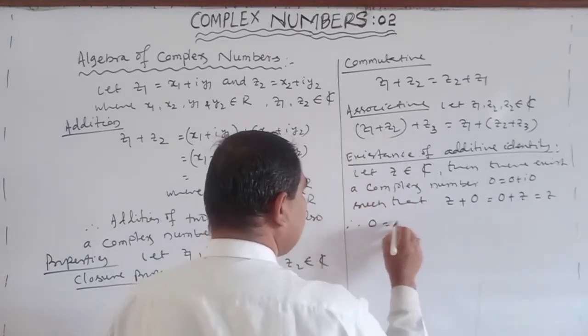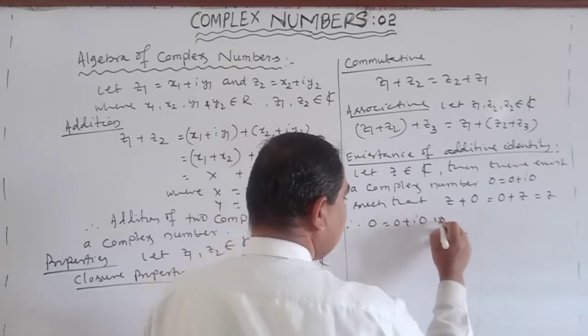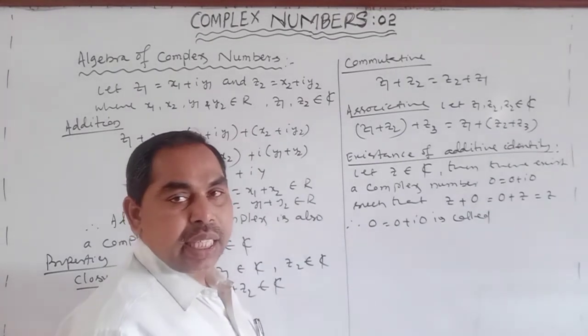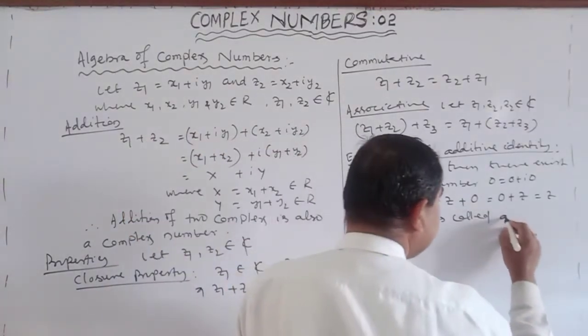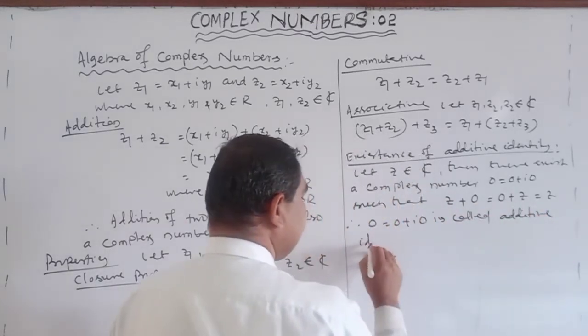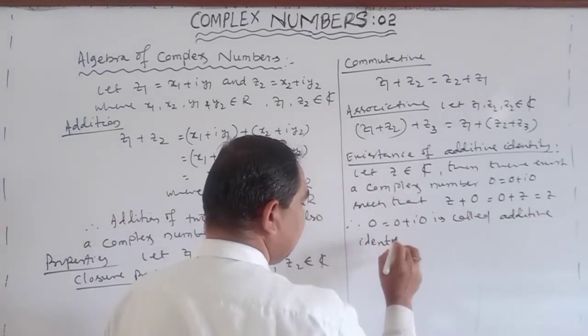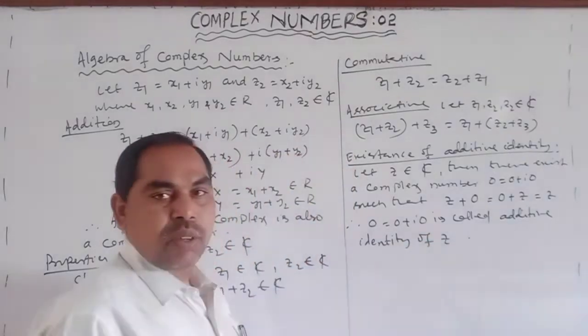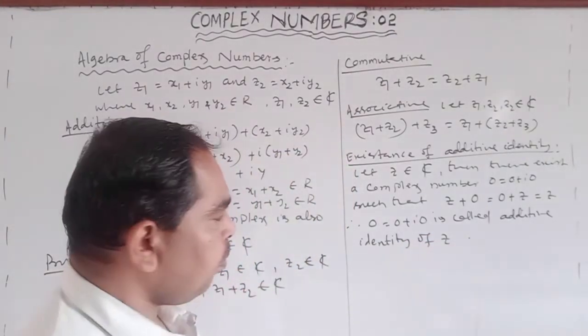Therefore 0, that is 0 plus i into 0, is called additive identity of z.